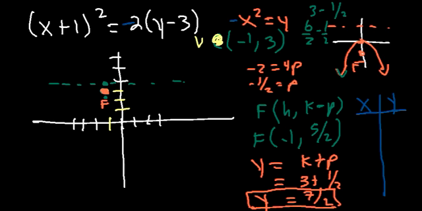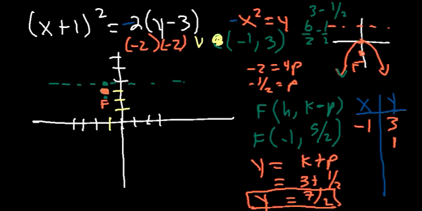I already have the value for 3. When y is 3, x is negative 1. That's the vertex. So I need to choose something less than 3. But I want to choose a number where when I multiply it by negative 2, it's going to give me a perfect square. So I want to choose 1 for y. Because 1 minus 3 is negative 2, and negative 2 times the negative 2 in front is 4.